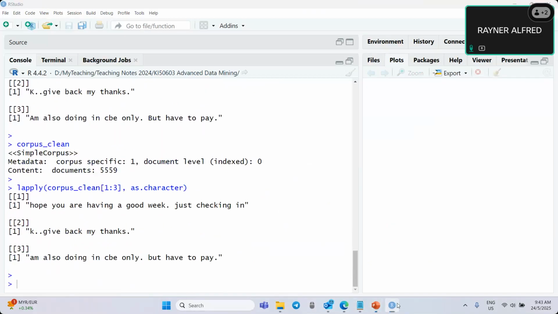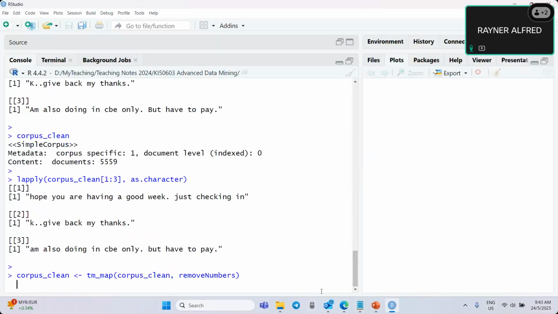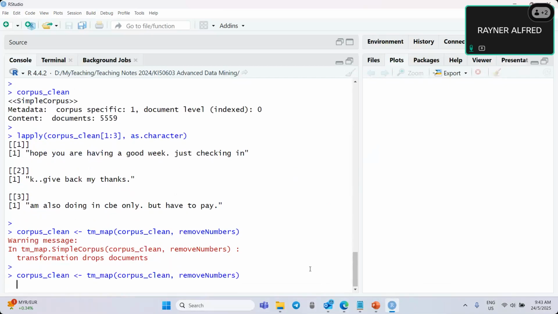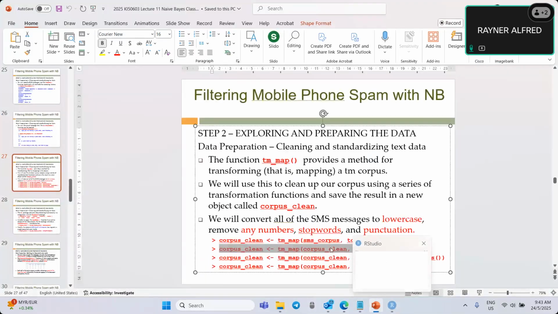We need to do the rest, like removing the numbering. We don't have numbers here, so that's fine. We need to remove the stop words, but it depends on the library.